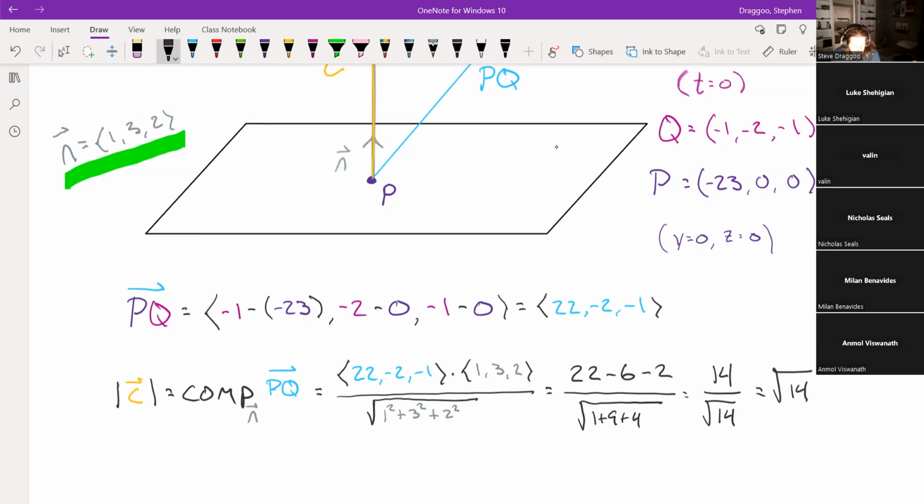Cool. So another question that I can see someone asking because I'm a psychic and also because I can look at my Zoom chat: why do we use the component instead of the projection? Why do we use comp instead of proj?